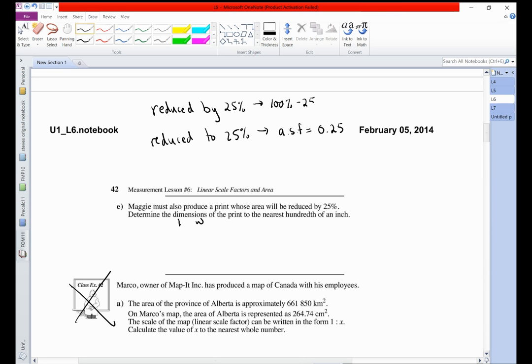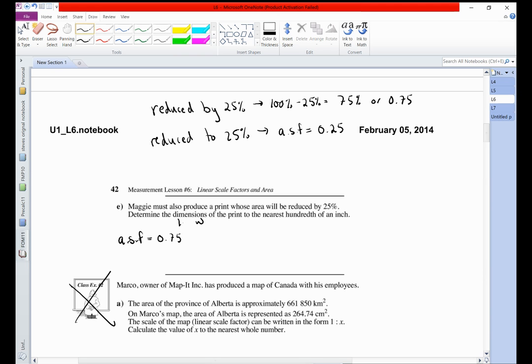So we would subtract 25%, and that would give us an area scale factor of 75%, or 0.75. So you've got to be careful with the wording. Reduced by 25% means our area scale factor is going to be 0.75.